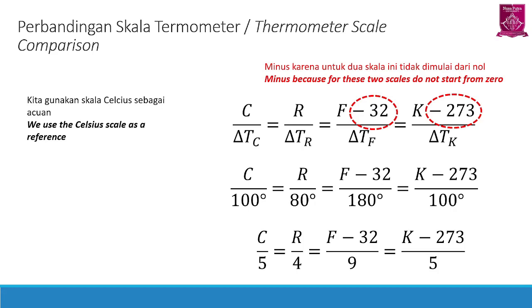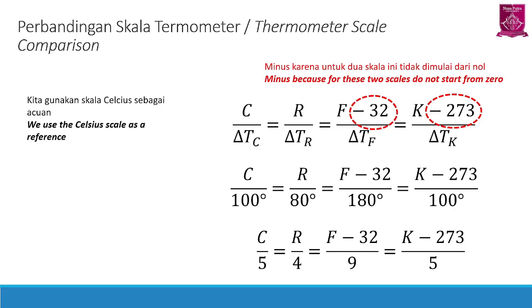We use Celsius C divided by delta Tc is equal to the temperature in Reaumur, R, divided by delta Tr, equal to F minus 32 divided by delta Tf, equal to K minus 273 divided by delta Tk.